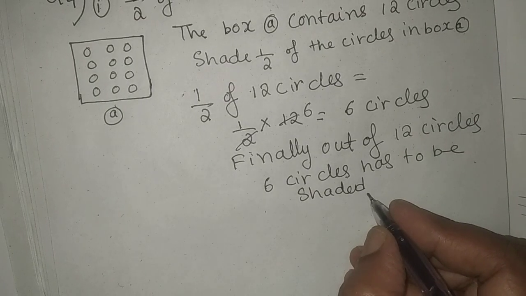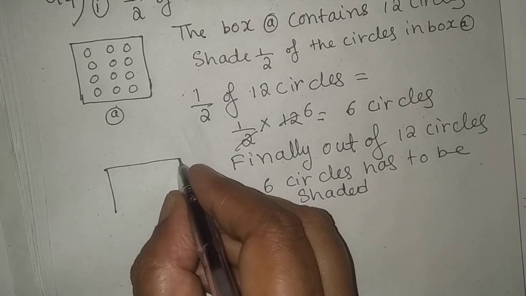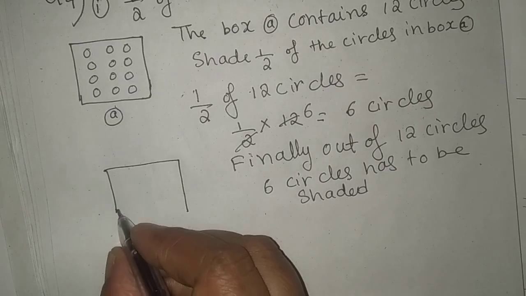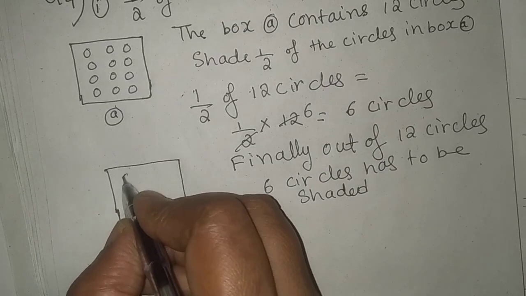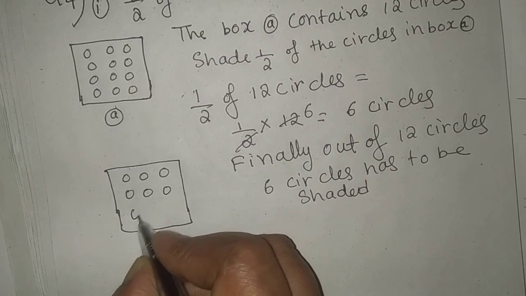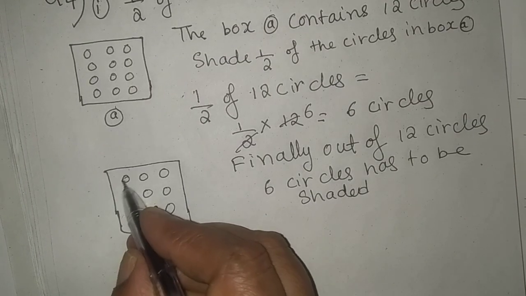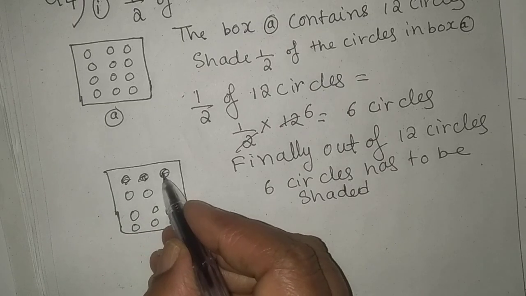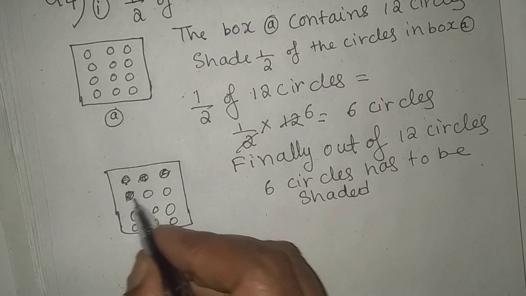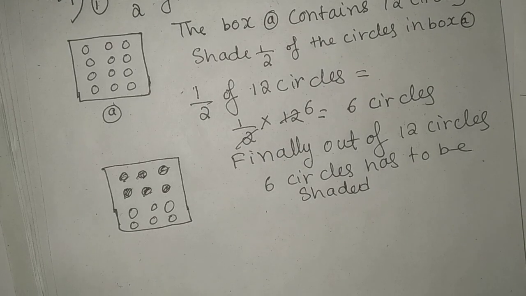So now shaded. Now again draw this box again. Write down all the circles, out of which shade the 6 circles. So this is the solution of the question 4.